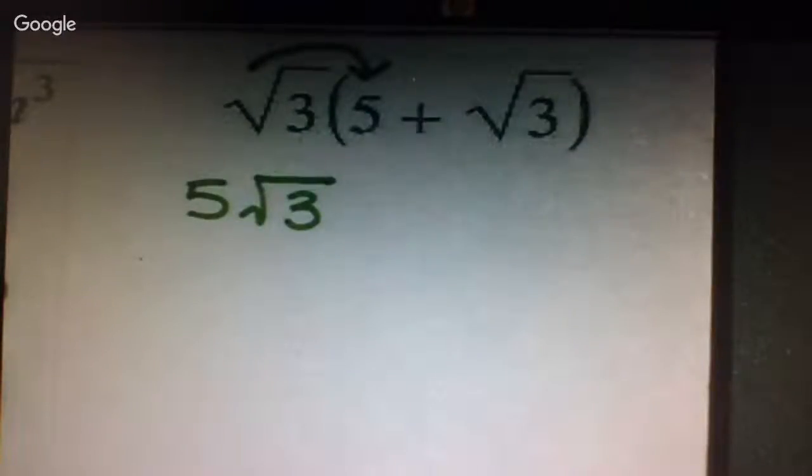So, for instance, if I gave you 2 square roots of 2, and inside of here I gave you 3, and you're multiplying that, that's 6 square roots of 2. Your number multiplies against your coefficient.